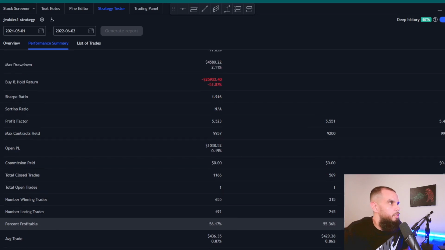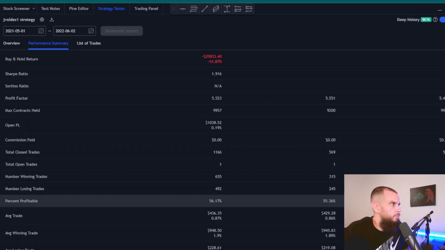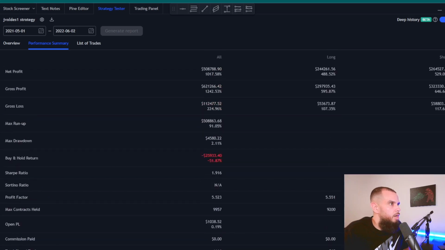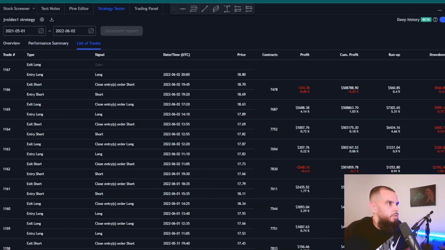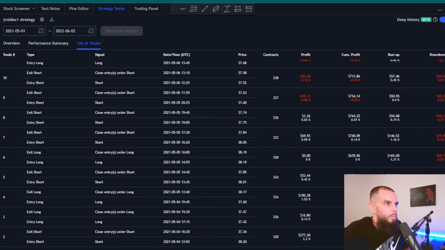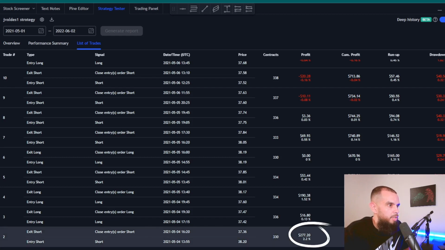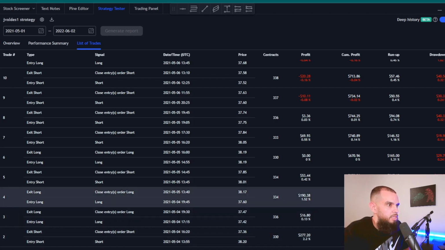This is where the shortcomings of the backtester for PineScript come in, because sometimes you can get out of a trade a little bit quicker. And if we go to the list of trades here, going back to when we first started, let's say our first trade in May of 2021 last year, we started off with $133, $277, $16, $190.